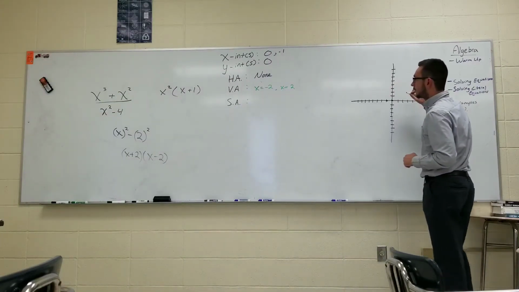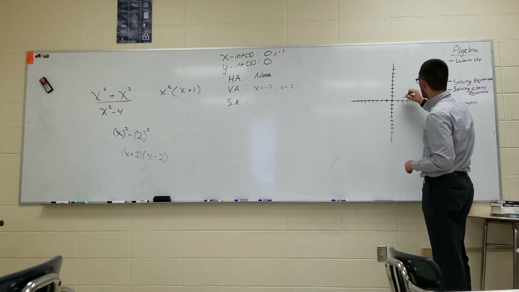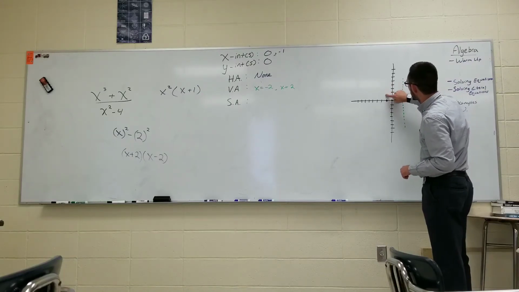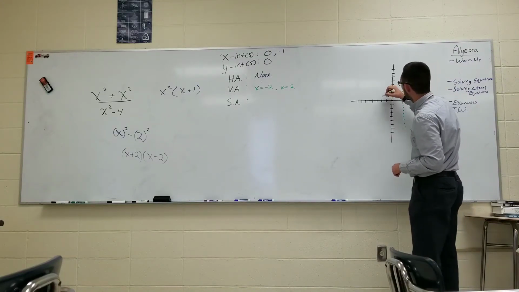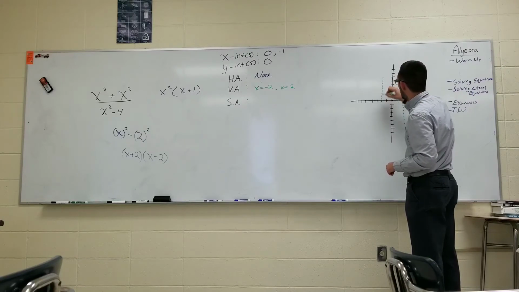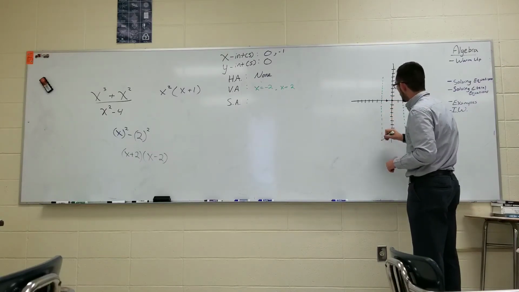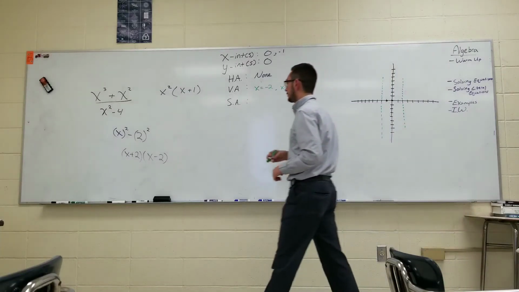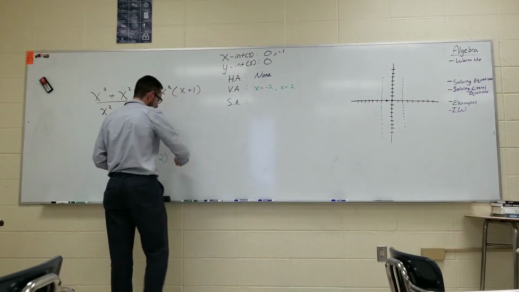So I'll do the one on the right first. That's at 2, and then one at negative 2 as well. So we're going to get something kind of funky in the middle, but on the outside it's going to follow kind of our normal situation.